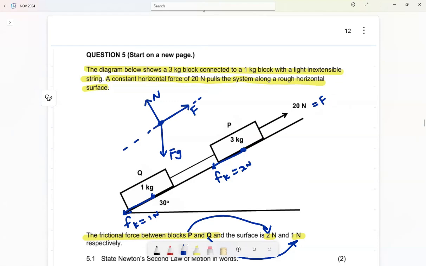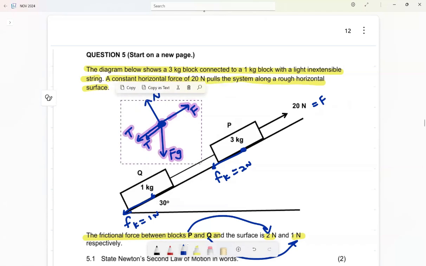And then remember, we also have what? Frictional force, or let's start with tension. And we also have what? Tension moving there. So I can remove these and say this is my free body diagram. Okay, this is my free body diagram.